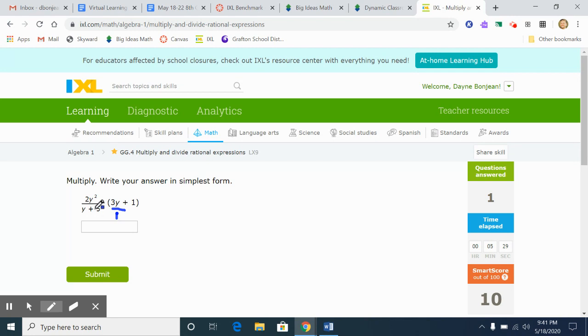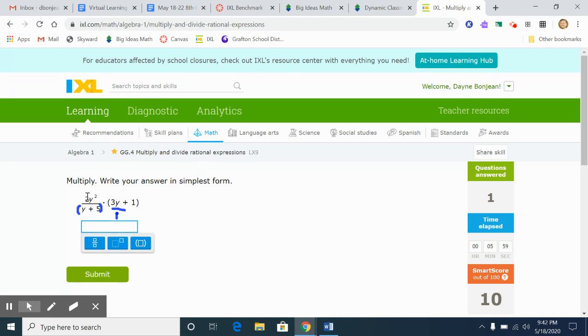Y and 5 don't have a greatest common factor. 3y plus 1 can't be factored, and obviously 1 cannot be factored. Can I cross cancel anything? I'm looking across. The answer here is no, again. Remember, if these things are in parentheses, it would literally have to say y plus 5 on the top for me to cancel this, or it would have to say 3y plus 1 on the bottom for me to cancel this. So once again, I don't really have to do much except multiply across.